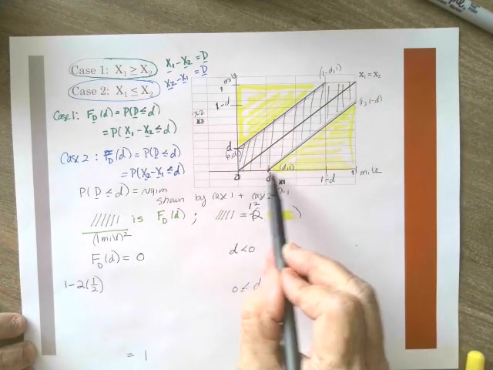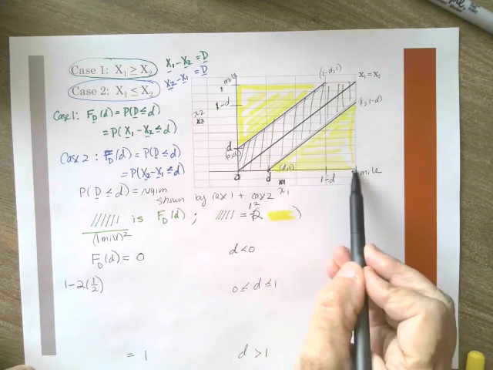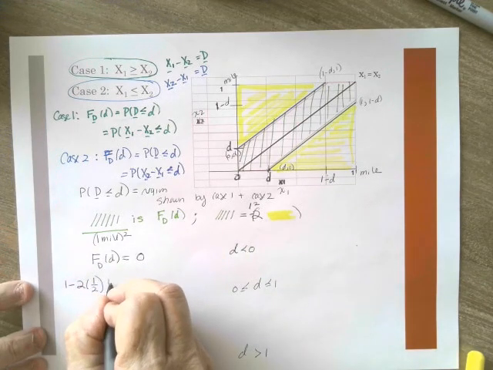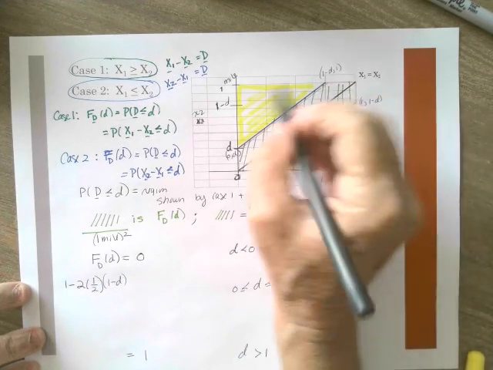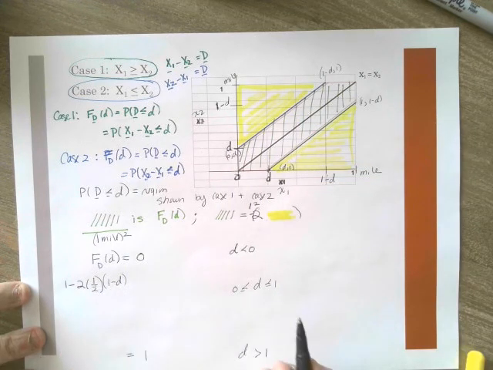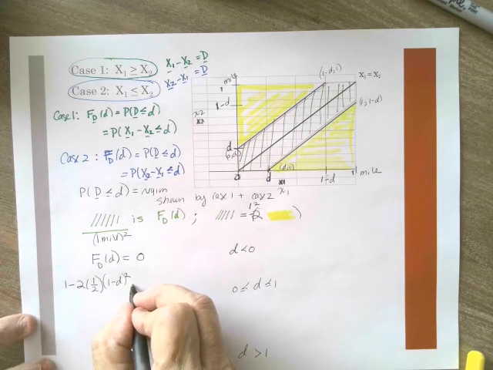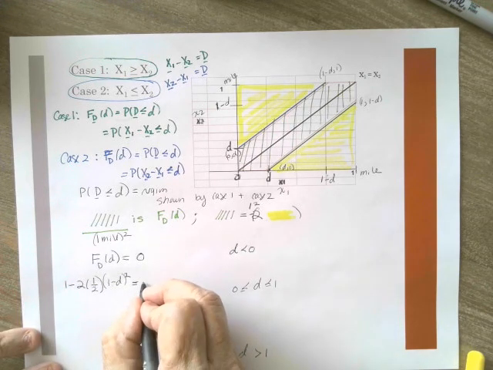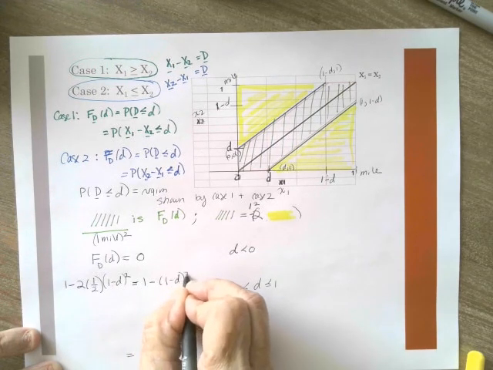This base here is the distance between d and 1, which is just 1 minus d, so we have 1/2 the base, 1 minus d, times the height, and the height here happens to be 1 minus d as well. And then this works out so that the CDF for d between 0 and 1 is 1 minus (1 minus d) squared.